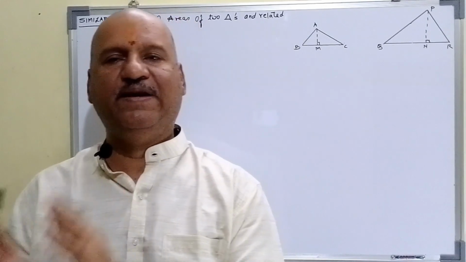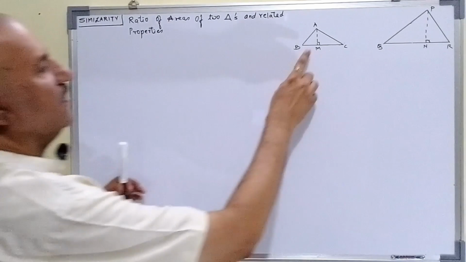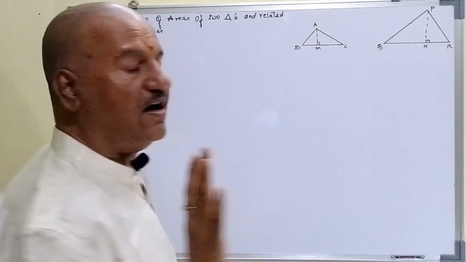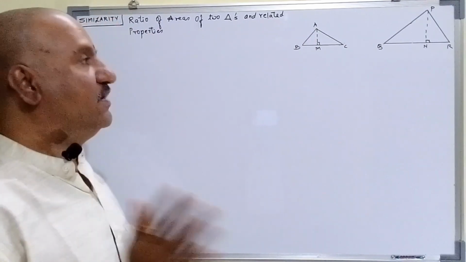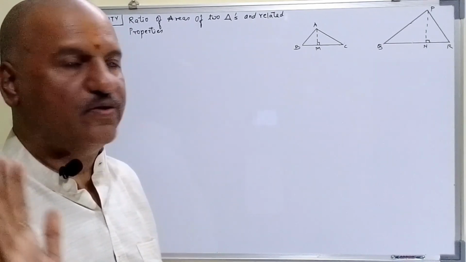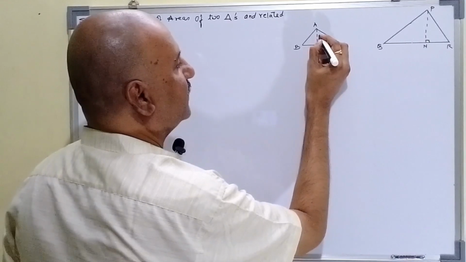the ratio of their bases and the corresponding heights. Understand, in this figure, triangles ABC and PQR are not similar. They are totally different, and they are not common either. So we are not talking about similarity here. Here, AM is the height.